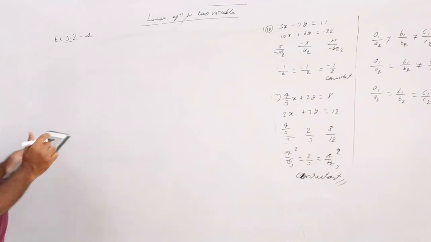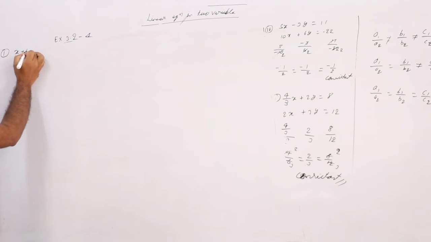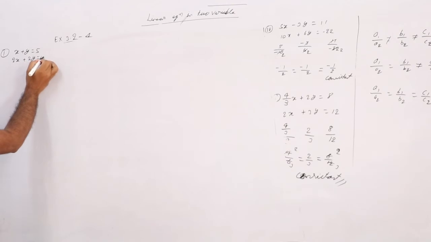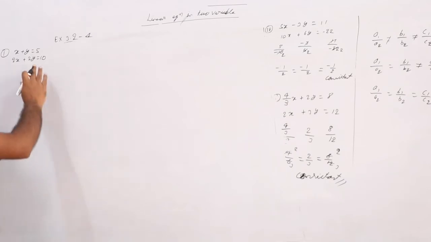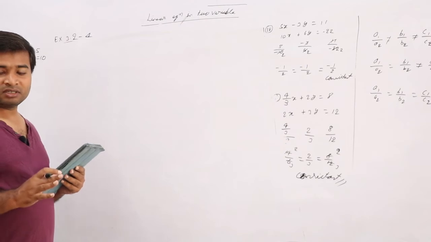Actually 4 questions are there. So question number 1 is given: x plus y is equal to 5 and 2x plus 2y is equal to 10. Correct? Now, it is saying to find without solving.